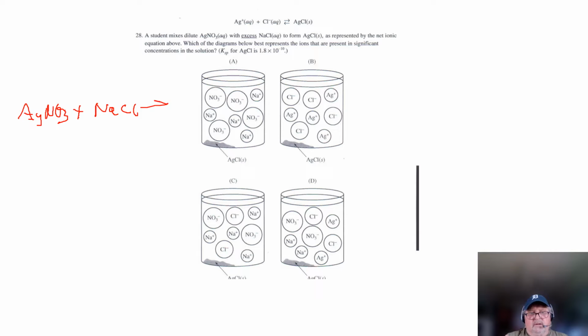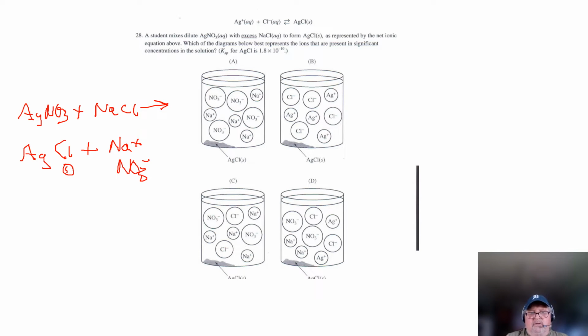Both of these are aqueous, and then you're going to end up with silver chloride, which is a solid. The sodium and the nitrate are both going to be soluble.